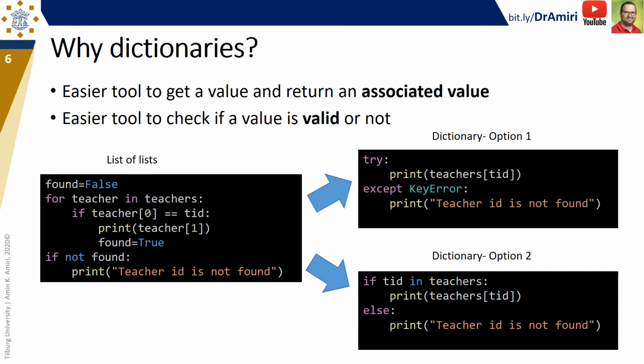They can also check if a value exists in the dictionary or not, way easier in comparison to a list of lists. So here, as you can see, the big code that I had for the list of lists has been turned into a very small, easy code, which is also easy to understand.